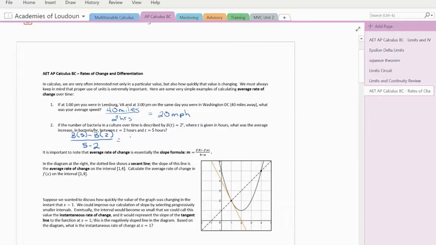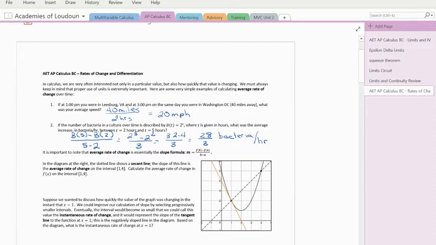So B of 5 is 2 to the 5th, minus 2 squared, over 3, which gives me 32 minus 4 over 3, or 28 over 3 bacteria per hour.